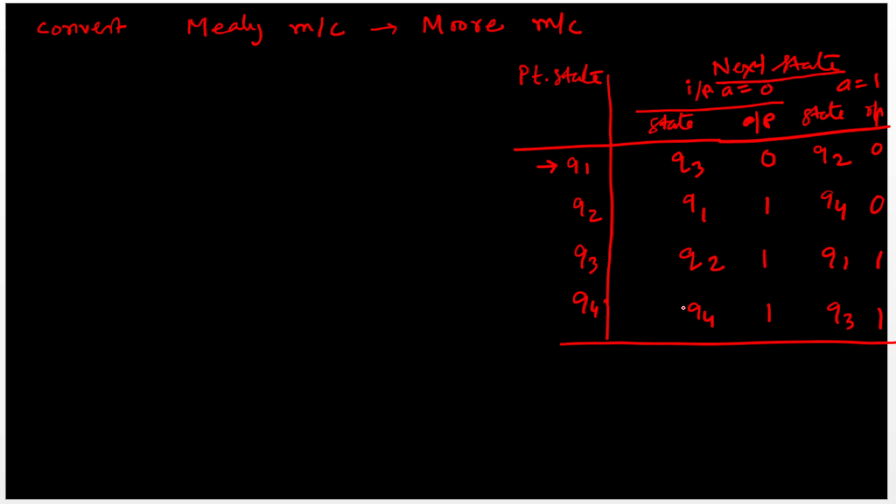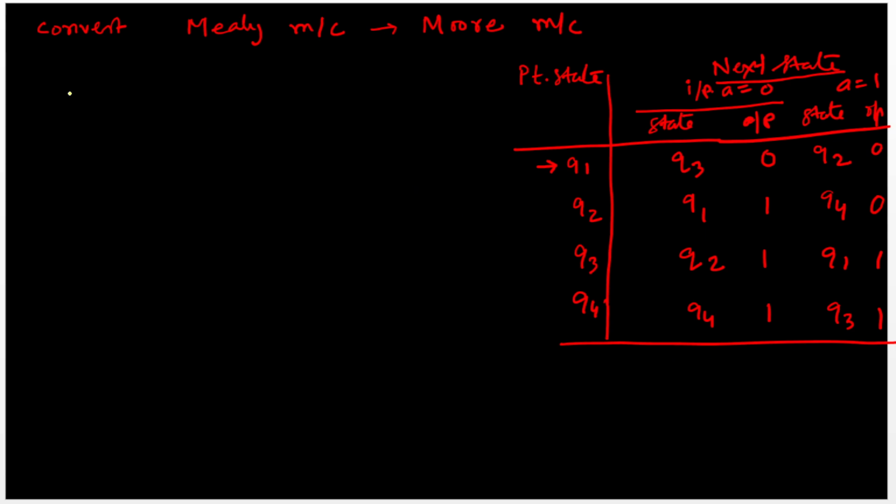Okay, now we have to convert this Mealy machine to a corresponding Moore machine. So a few steps are there. First, we have to find those states which have more than one output associated with them.